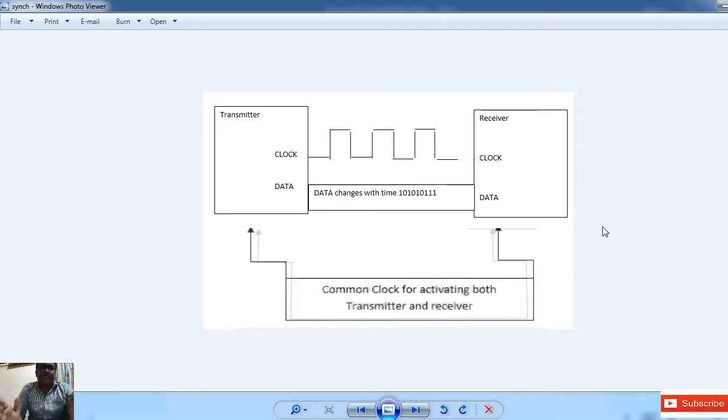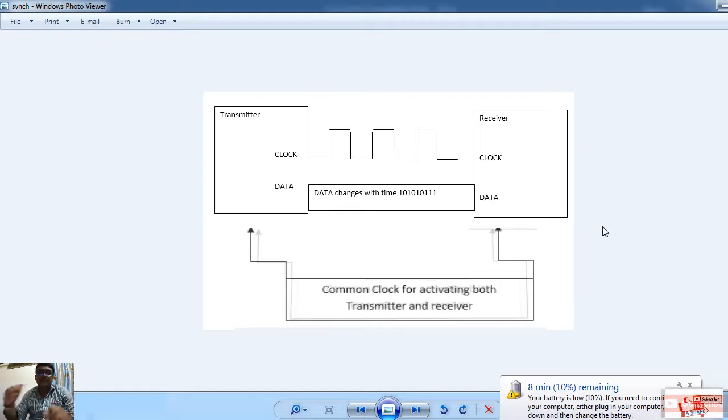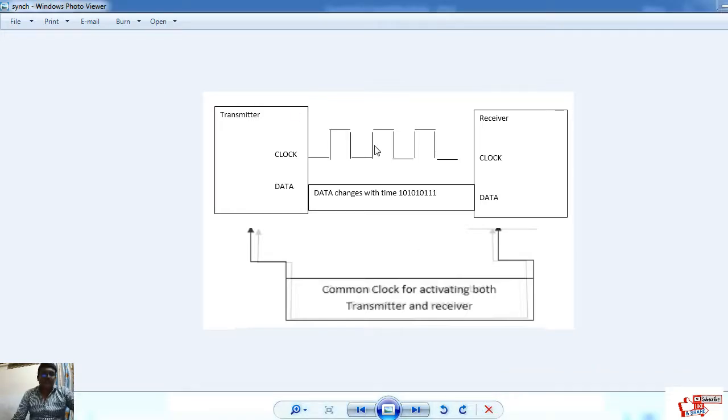So the communication which happens on-chip uses synchronous communication. Whenever you are dumping any code or making long distance communication, you usually prefer asynchronous communication. So this is the synchronous definition and the asynchronous definition.